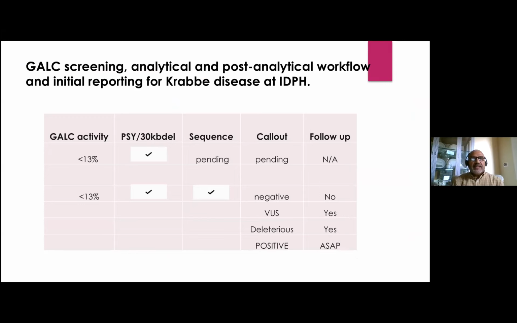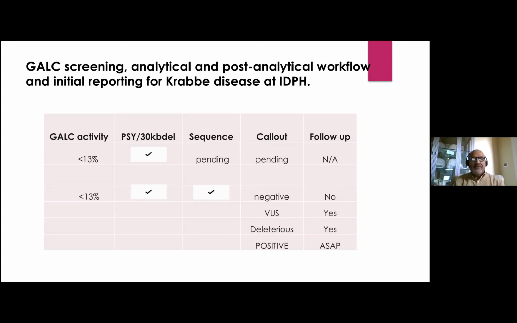With respect to GAL-C, the way we call out an abnormal specimen is that once we have GAL-C activity less than 13%, we get a psychosine and 30 kilobase deletion analysis result.